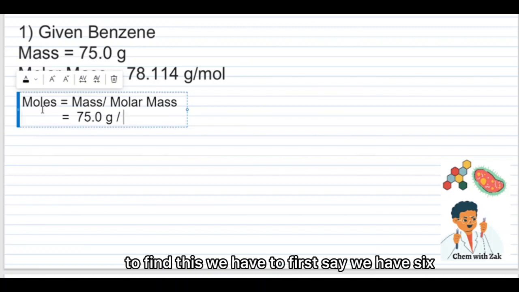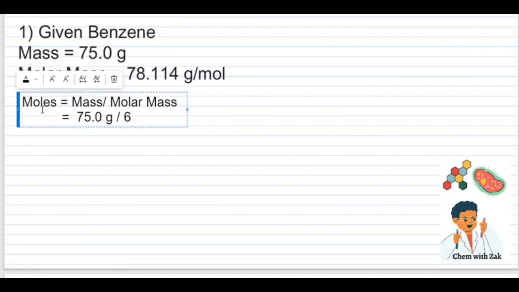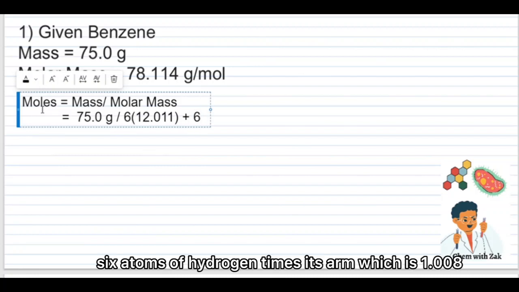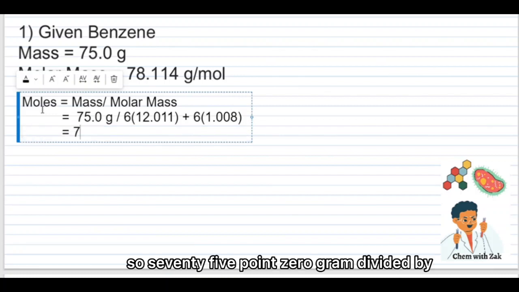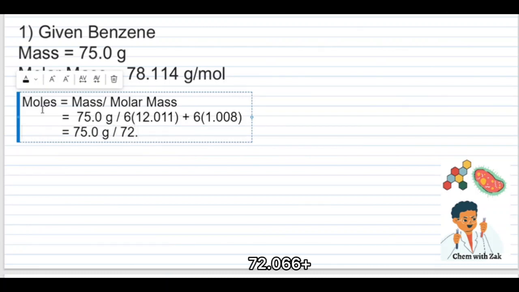To find this, we have 6 atoms of carbon, with an atomic mass of 12.011 AMU, plus 6 atoms of hydrogen times its AMU, which is 1.008. So 75.0 gram divided by 72.066 plus 6.048.